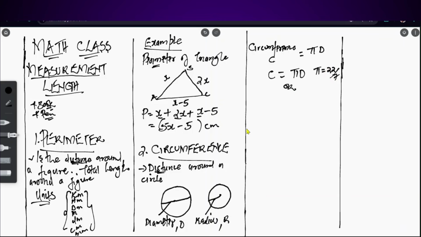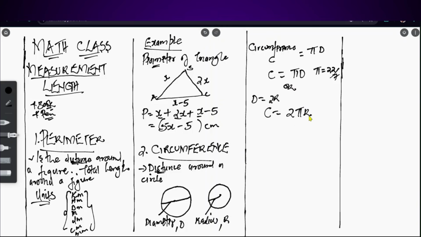If you look at diameter and radius, you'll see that diameter is twice radius. Diameter is the same as you take a radius, then you multiply by 2. So the other formula of getting circumference, or distance around a circle, is 2 pi r. There is no square anywhere.